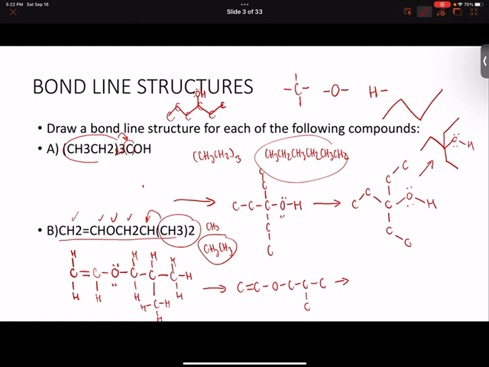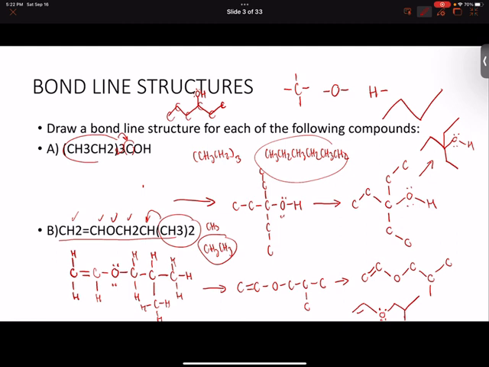So then we have C, O, C, this one in here. Okay, perfect. So now we can just do this. 1, 2, 3, O, and then 1, 2, 3, and then this. So that will be our bond line structure for that one down there.